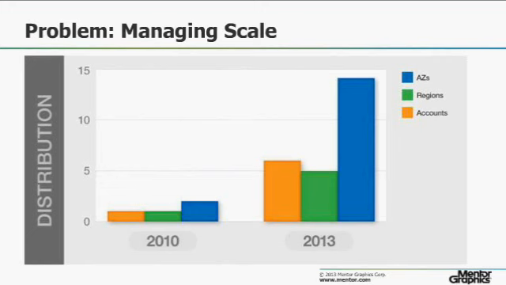Then as we started to really leverage the cloud to spin up more applications and more projects, the complexity grew. We now have multiple accounts and consolidated billing, and we're trying to spread projects across these accounts to manage the spend, the infrastructure, and the security.